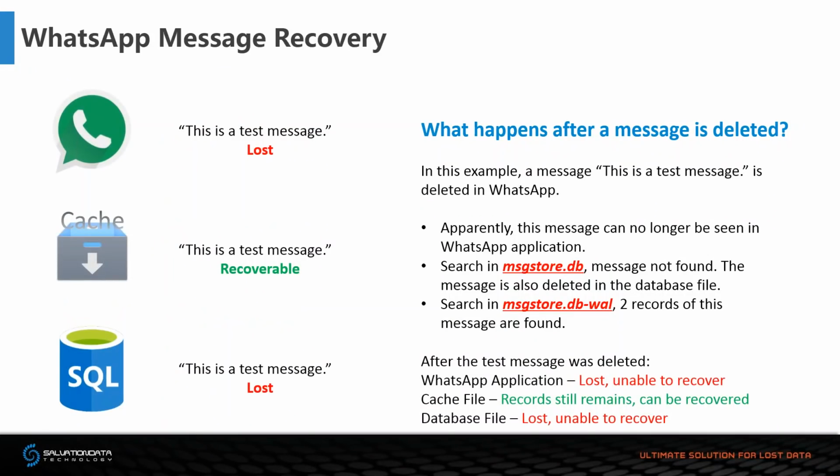So it seems that the data of the cache file will not be influenced even if the messages are deleted from WhatsApp. So by analyzing and extracting data from the cache file, we can recover deleted or lost WhatsApp messages. This also works even if the chat history is cleared or deleted by clicking the one key deleting button.